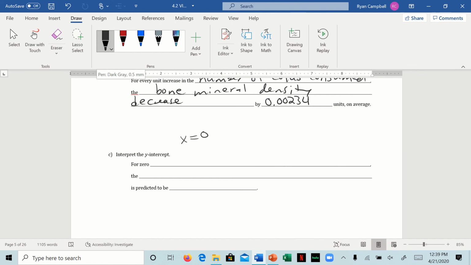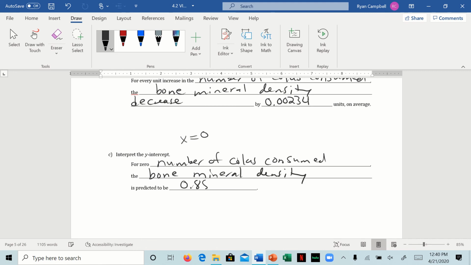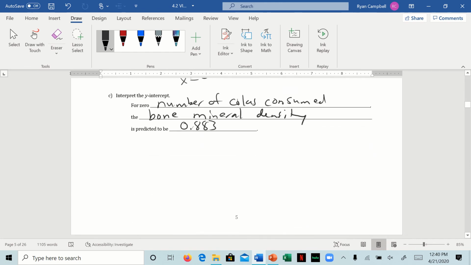So for 0 colas consumed, because remember that's what we said the explanatory variable was, now we write our y value. The bone mineral density is predicted to be 0.883, because that's what we said a was, 0.883.